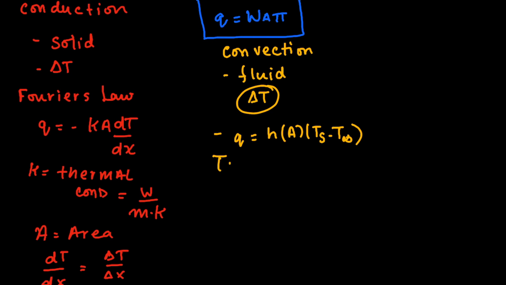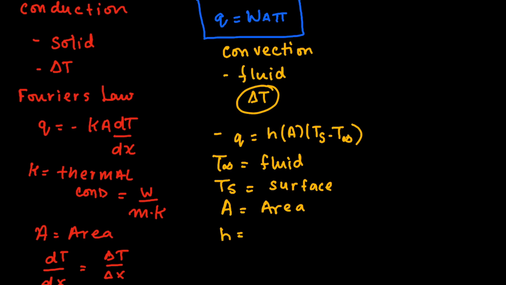We said that T infinity is for the fluid. Ts is basically the surface of the solid. A is area, and h is the convective heat transfer coefficient, which has units of watts per meter squared K, or BTU per hour times feet squared degrees F.